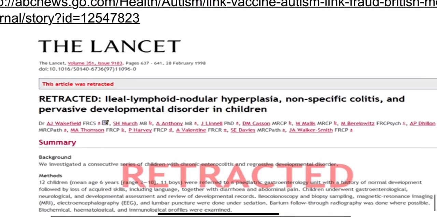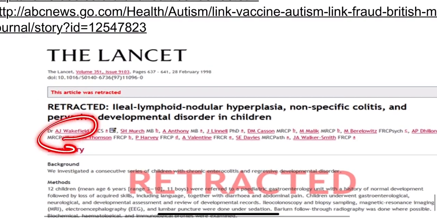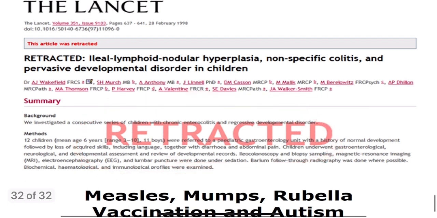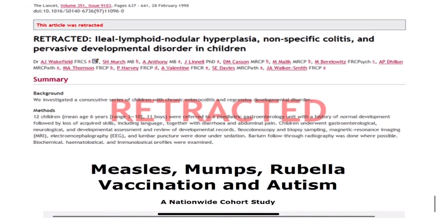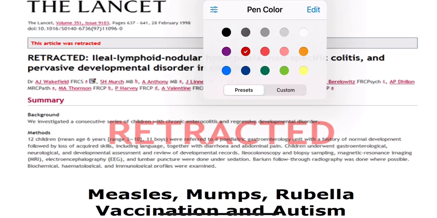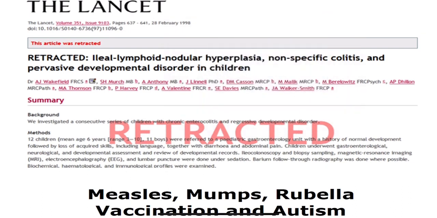because it has been known for quite some time that the research that Andrew Wakefield published in the Lancet in February of 1998 has been retracted. This is very important to know. Now, what does it mean if something is retracted? It means that upon further investigation, it was discovered that the research was fraudulent.